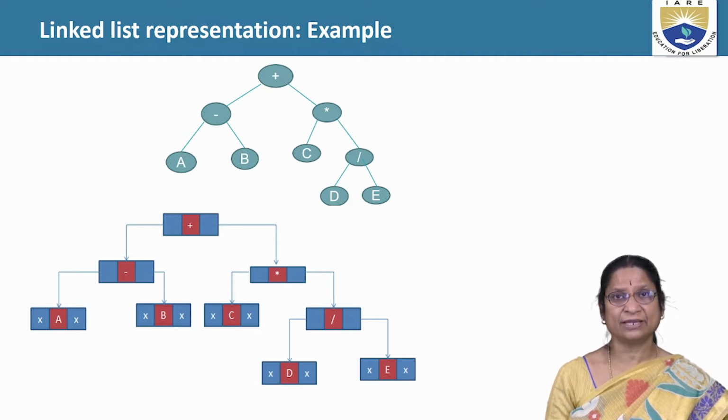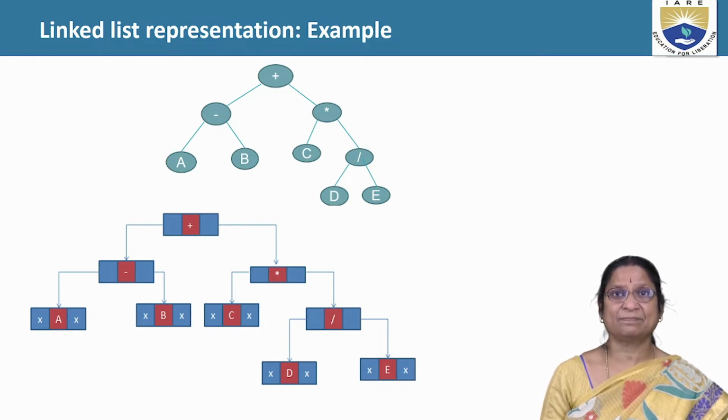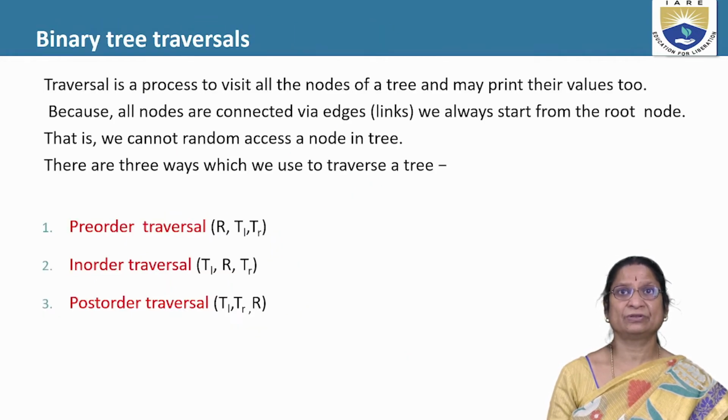Because of dynamic allocation, we need not waste memory. Another disadvantage is that I cannot access a particular node directly, even if I know the parent, because it has to be traversed through links only. So random access is not possible.